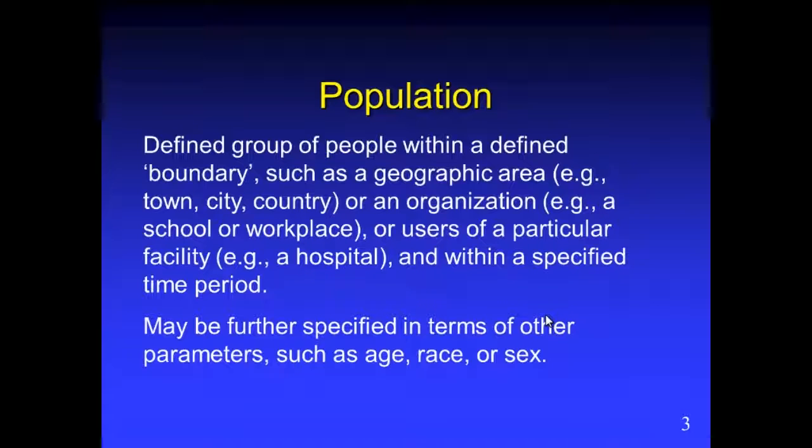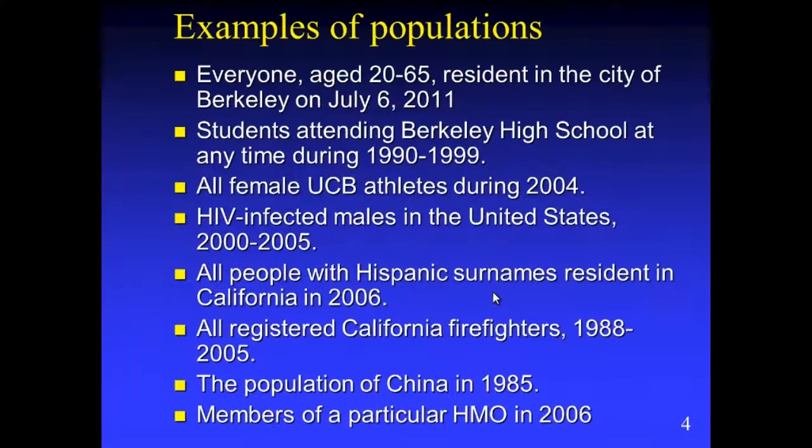We need to place some boundaries on the population, and we can limit it to people of one race or ethnic group, or one sex or another, or a particular age group. There are really an infinite number of populations, and these are just some randomly made up populations, but there's no limit to the number of populations that we can conceive of.